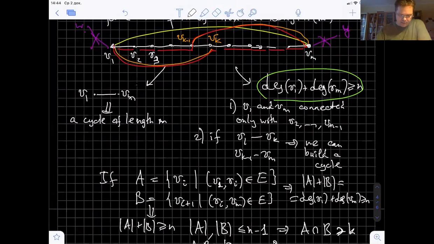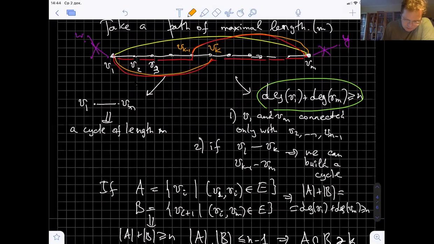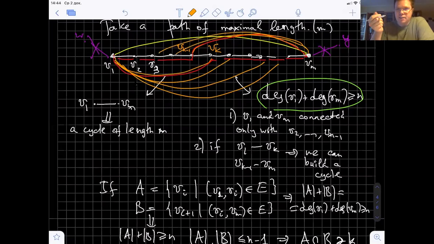So the idea is fully that I look at all the vertices that are connected to V1, look at all the vertices that are connected to Vk, and since the degrees are great enough, then I will find the pair of adjacent vertices. The first one is connected to Vm, and the second one is connected to V1, and then I will have a cycle.